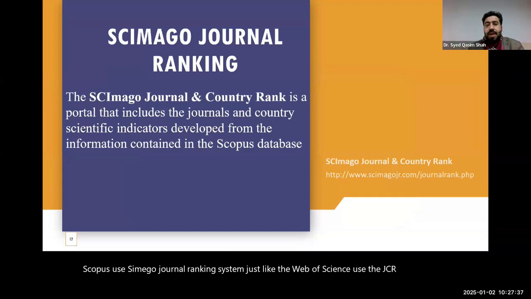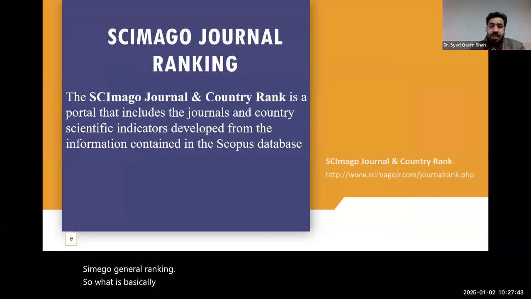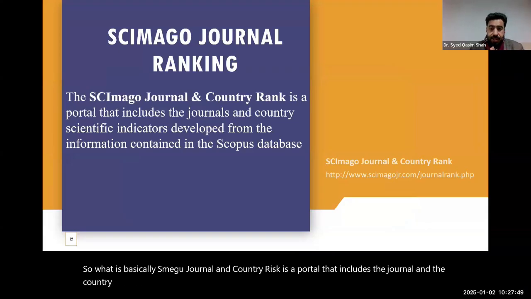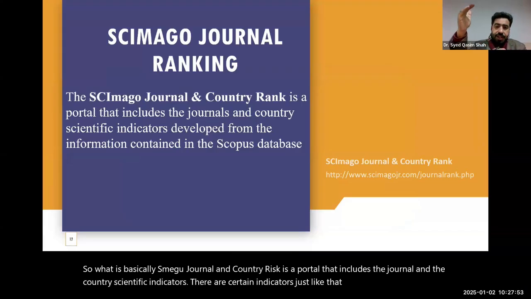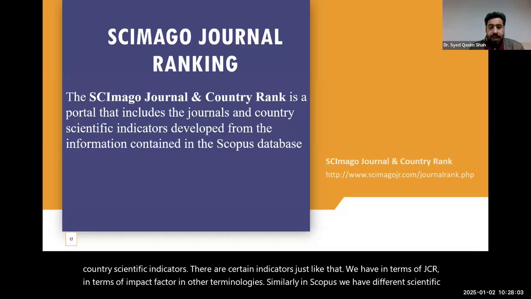What is basically SCImago? Journal and Country Rank is a portal that includes the journal and the country's scientific indicators. There are certain indicators, just like we have in JCR in terms of impact factor and other terminologies.